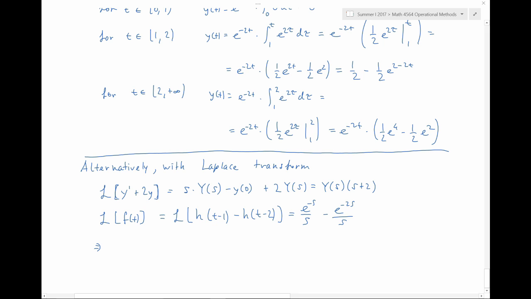And as a result, we have an equation that y of s multiplied by s plus 2 should be the same as e to the minus s over s minus e to the minus 2s over s, which leads to the function y having the following Laplace transform. It's e to the minus s over s times s plus 2 minus e to the minus 2s over s times s plus 2.